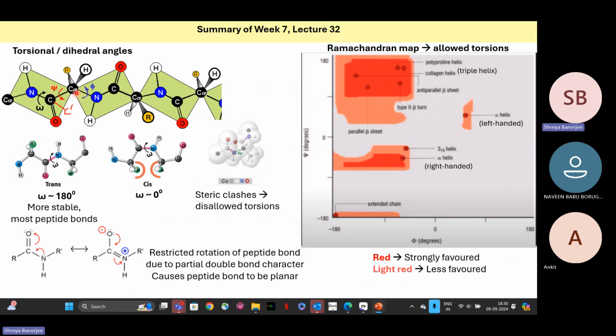So these two torsion angles, it is not like we can have any value of these torsion angles from 0 to 360 degrees, because you can see an example shown here. So we saw that phi is from N to the next N. So here also it's N, C alpha, C prime, N.